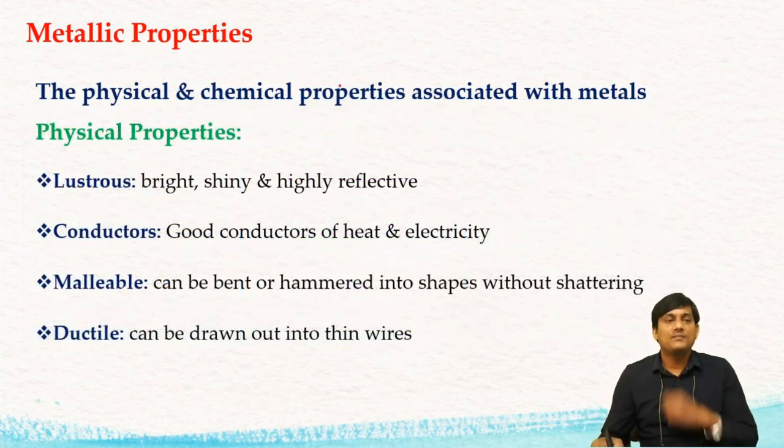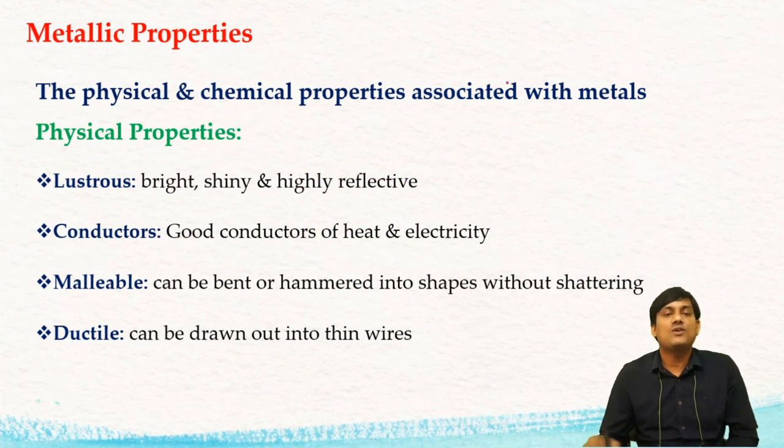Metallic properties. The physical and chemical properties which are associated with the metals are called metallic properties. What are the physical properties associated with metals? They are lustrous, bright, shiny, and they reflect light. These are good conductors of heat and electricity.